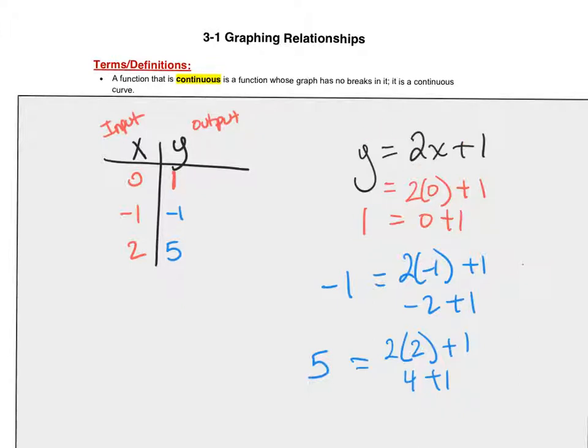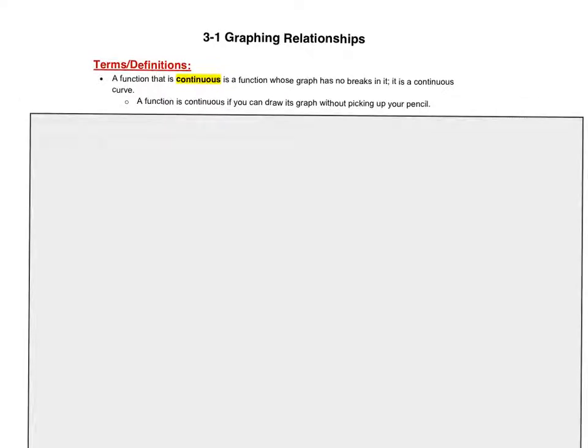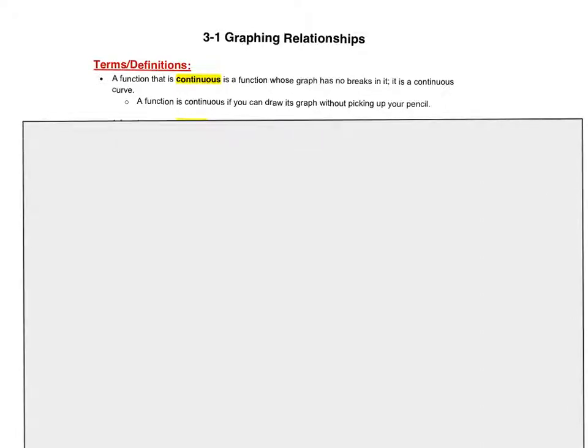Now, if you have a function where the graph has no breaks in it, it's continuous. It's basically if you can graph it without picking up your pencil. So, for example, if I was to give you a table of values where we're going to say that this is, as time goes on, the tree grows in feet.